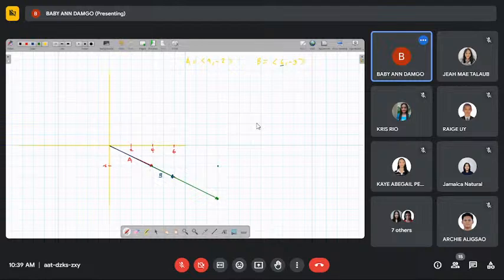So if your A or your B is this one, like this. Okay? This is your B. So ang negative B class kay same length but different direction.